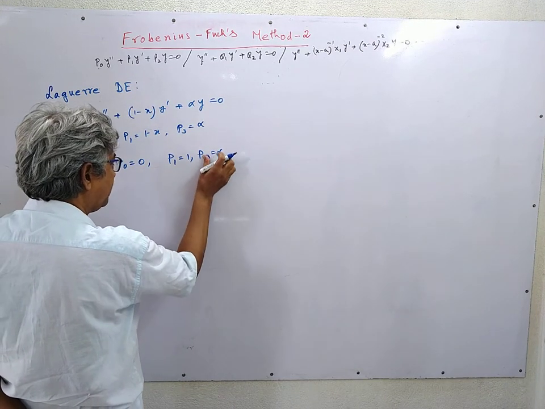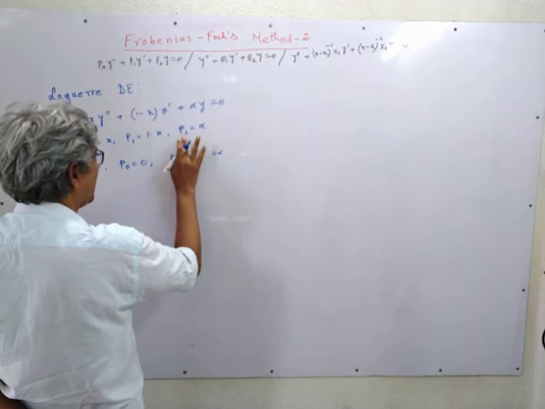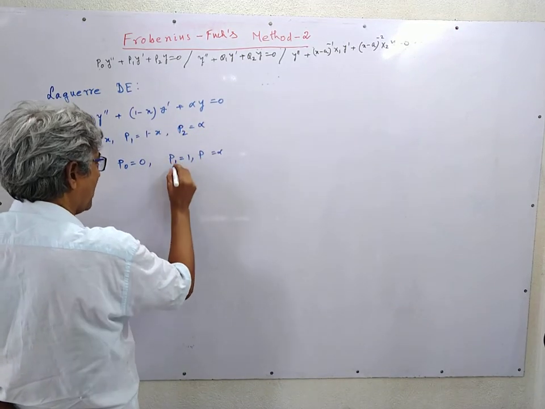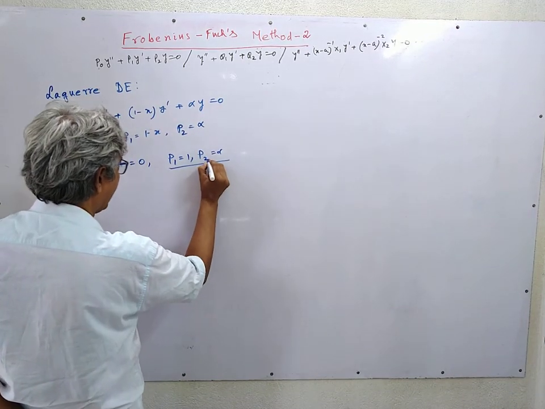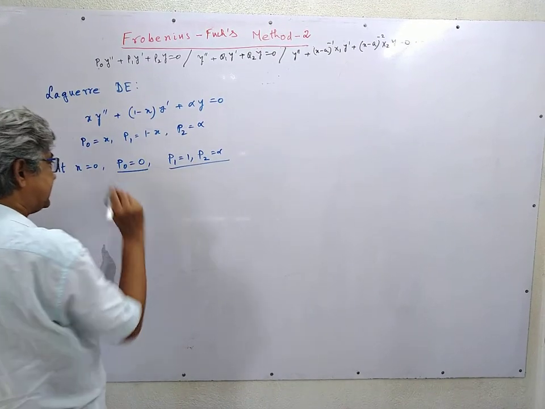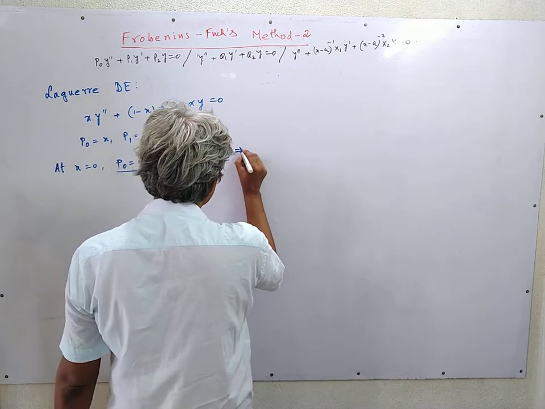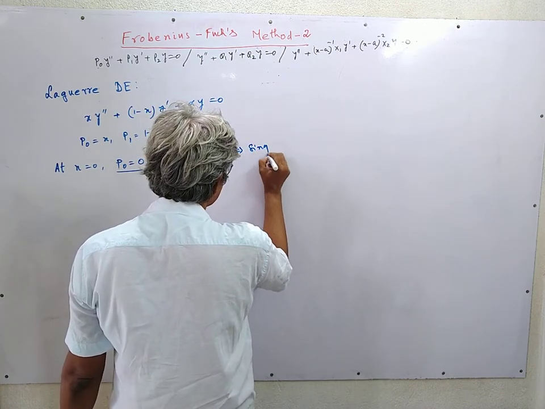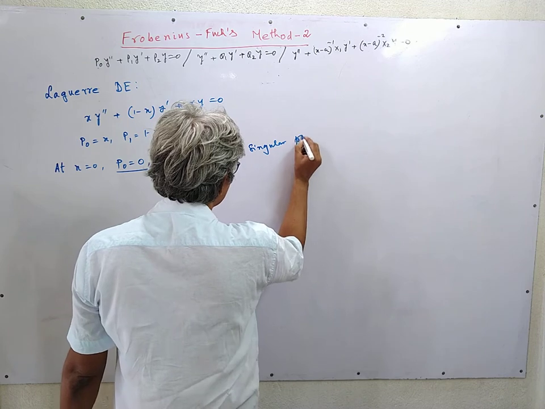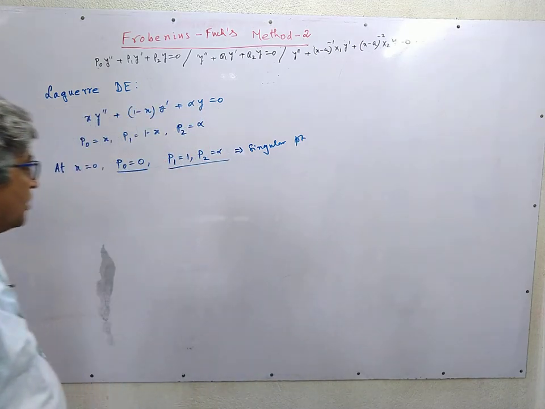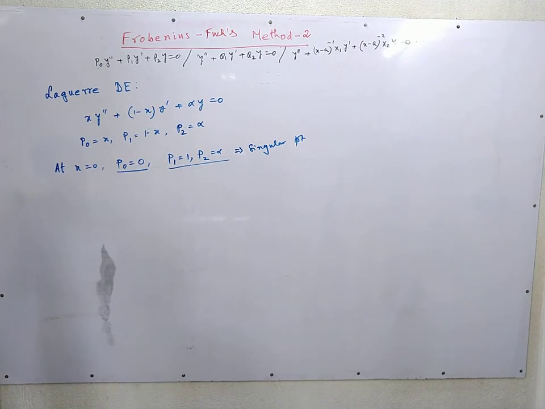Although P1 and P2 are finite at x equal to 0, since P0 is 0, it is a singular point. There is another singular point at x equal to infinity, in which case P0 and P1 go to infinity.